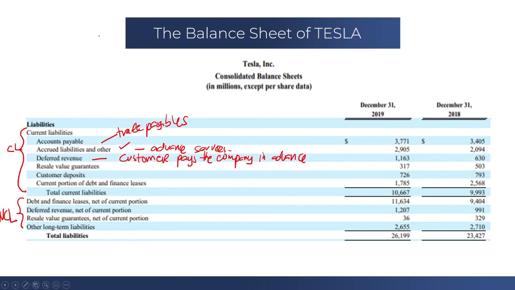So we also have other types of current liabilities that are disclosed by Tesla. Then we also have the current portion of debt and finance leases because your debt, for example, your long-term liabilities should be split between long-term and short-term.